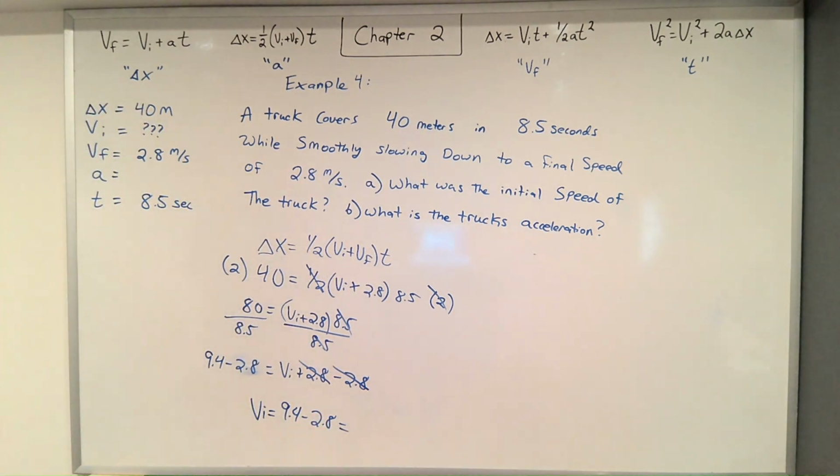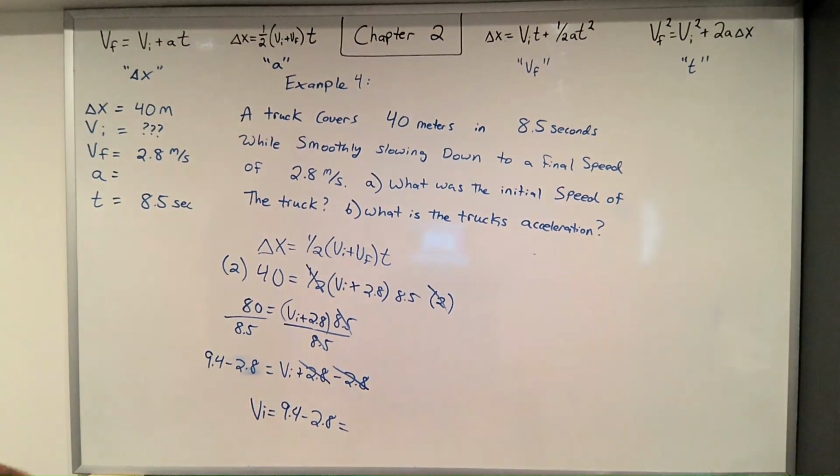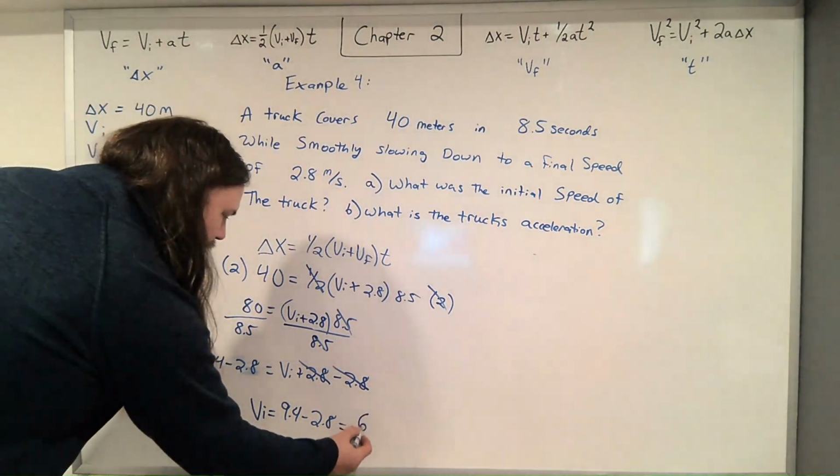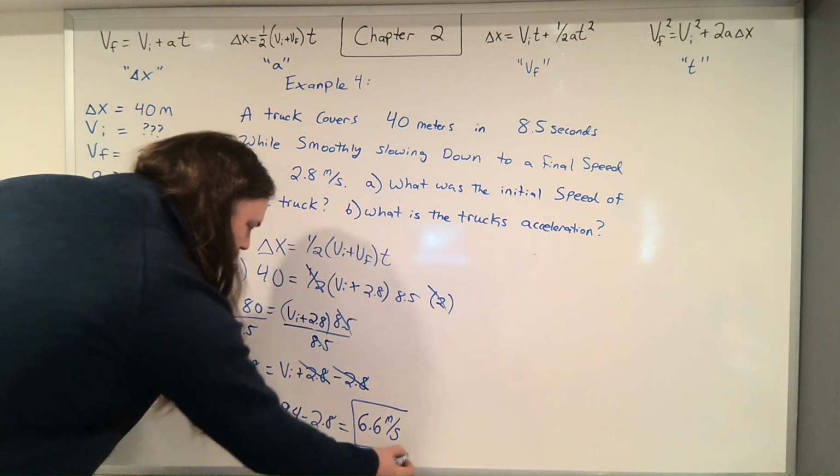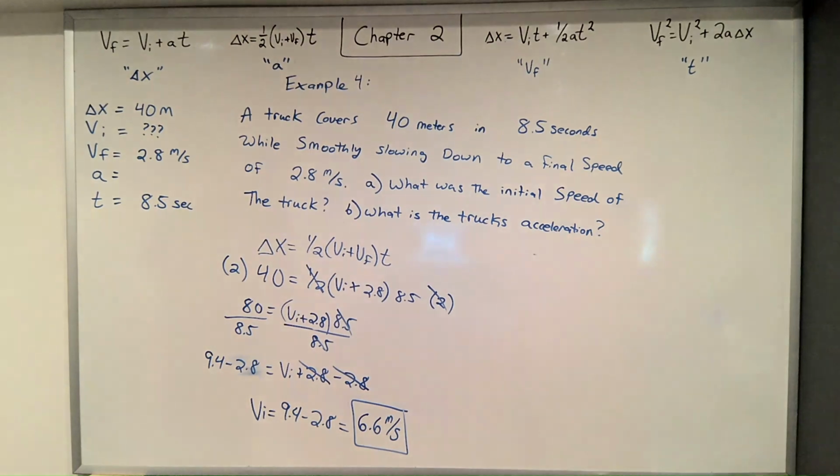You want to plug that into your calculator, and you should get 6.6. And it's a velocity. So 6.6 meters per second. Okay, that's our answer for part A.